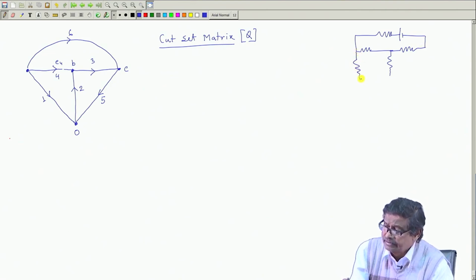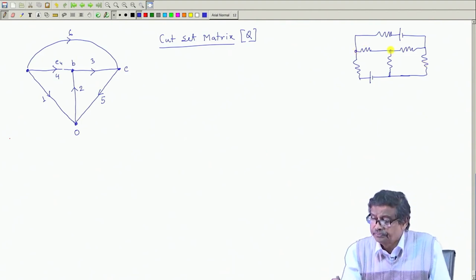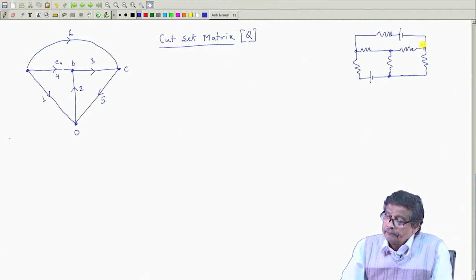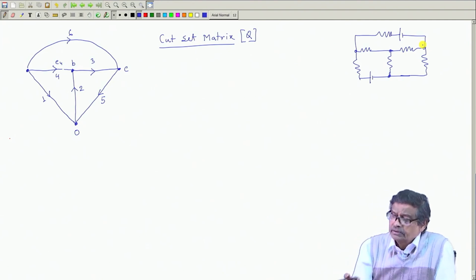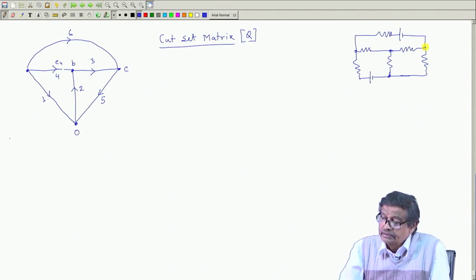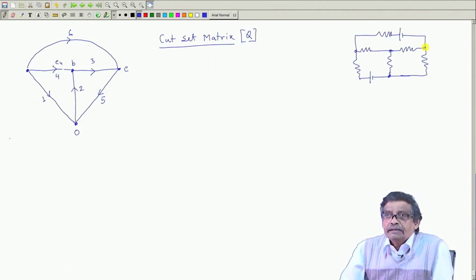Here is a resistance, here is some voltage, and there is also some resistance. It is a network, with these as the nodes. Now, in this network, we always apply KCL at the nodes, that is fine, no problem. But it is once again KCL in a larger perspective.